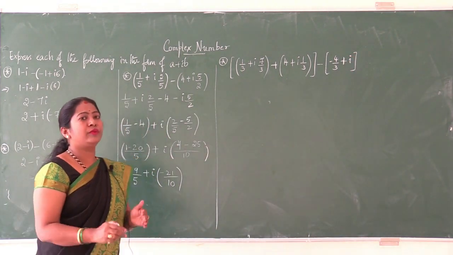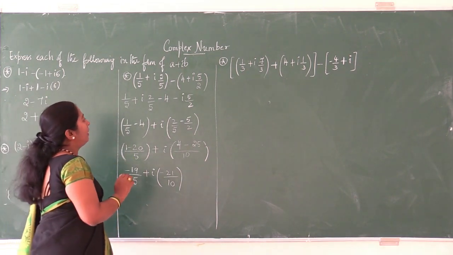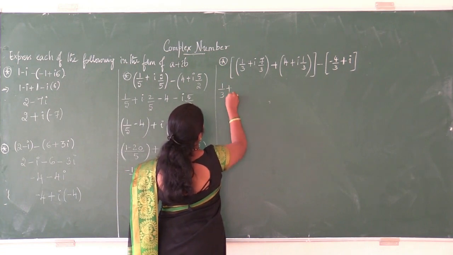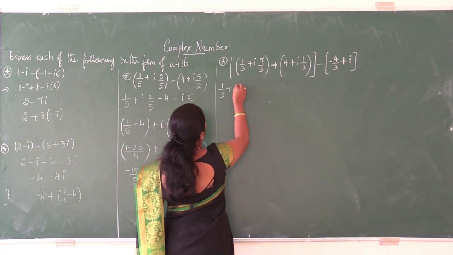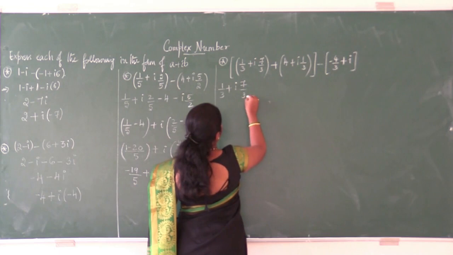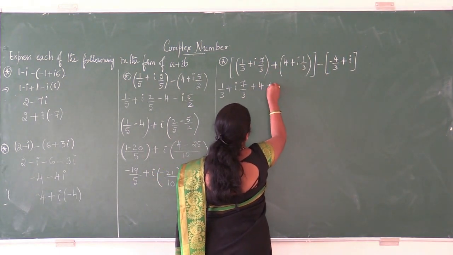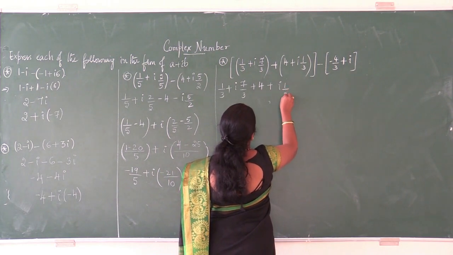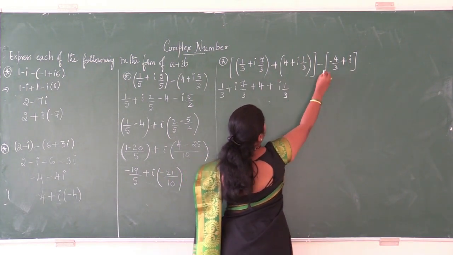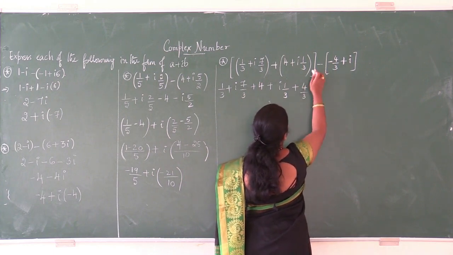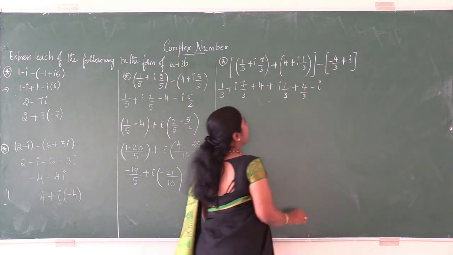So first what we do, we shall just multiply with the signs now. Multiplying by signs, what do you get? 1 by 3 plus i into 7 by 3, plus into plus 4 plus i into 1 by 3, minus into minus will be plus 4 by 3, minus into plus will be minus i.